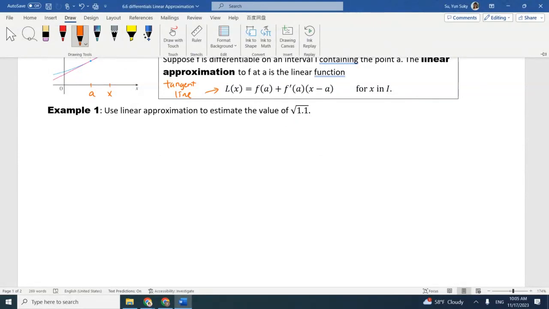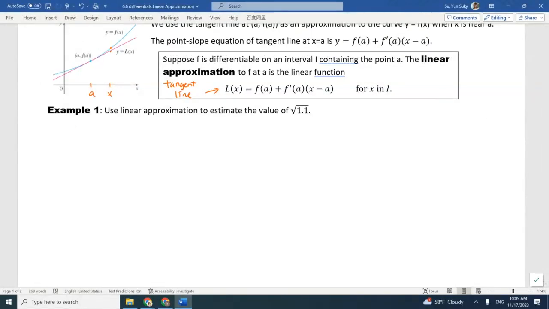Okay, so write down the steps. Step 1, define the function. In this case, you see, it's square root of some number. So we should define our function f of x to be square root of x. Yes, everybody?